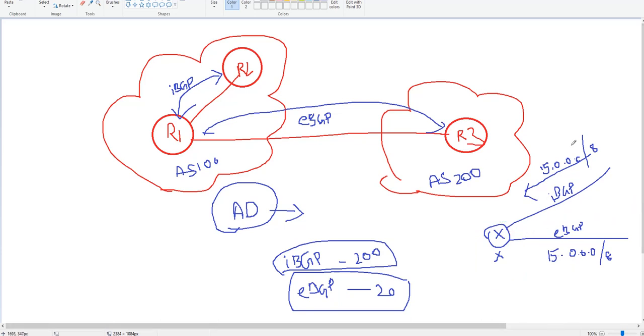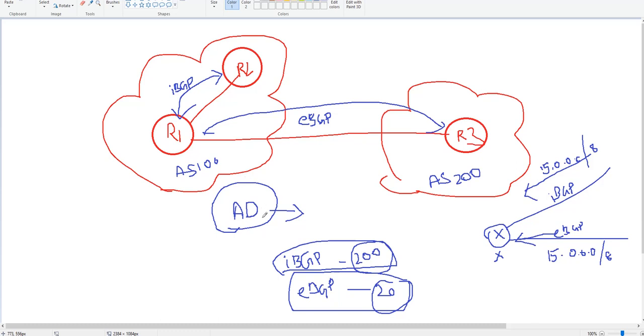Because the prefix is the same, both are 15.0.0.0. Because of the administrative distance, eBGP has only 20 and iBGP is 200. So the lowest AD value will be highly preferred. In this case, it will prefer the update from eBGP rather than iBGP. Clear? So this is how the AD value plays its role.